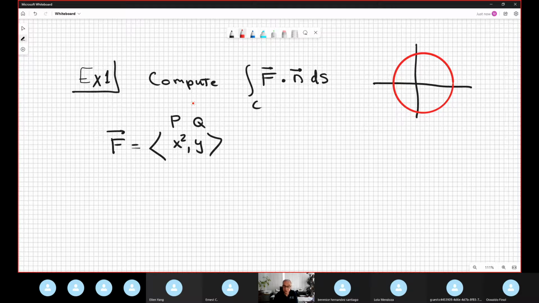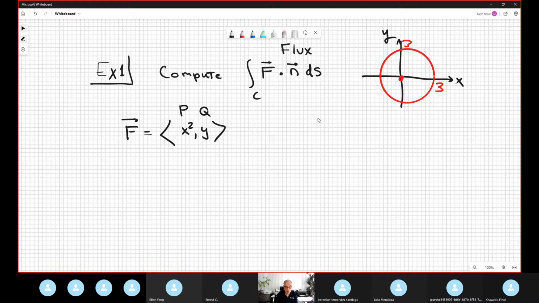And the curve is also given as a circle where the center is at the origin and the radius is 3. Forgive me the wrong sketch. It's at the origin, I promise. This is x and this is y. And remember, I need to compute the flux. So one possibility is to compute the unit normal vector, but no. I propose you always do it using that formula, P dy minus Q dx.